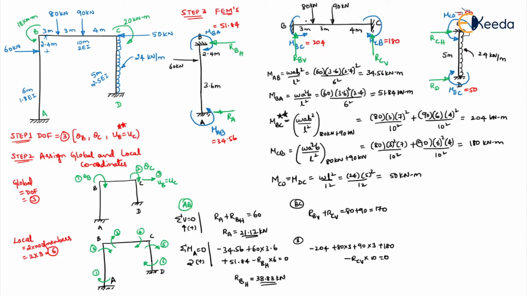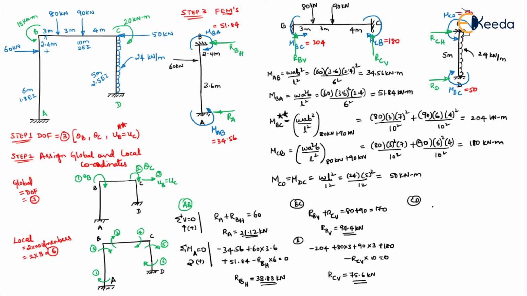These moments you already know. This is minus, this is plus, plus, plus, and this one is minus. So your RCV will be equal to 75.6 kilonewton. Once you're done with this, substitute here, you will get your RBV. So we got this as 94.4 kilonewton.